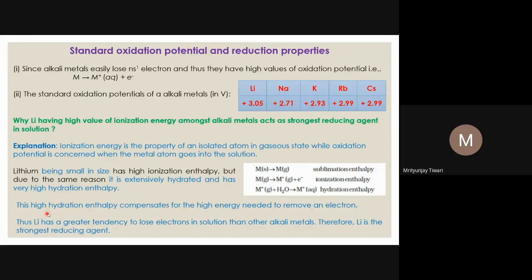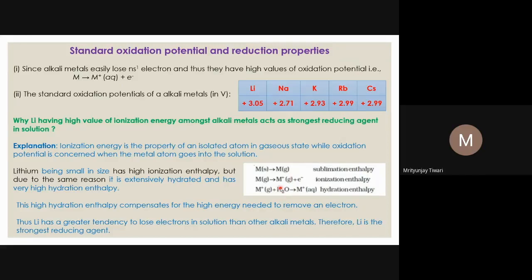So this high hydration enthalpy compensates for the high energy needed to remove one electron in lithium, and thus lithium has a greater tendency to lose electrons in solution and not in the gaseous form. When we talk about ionization enthalpy, we are talking about removing an electron from the gaseous atom. And when we are talking about reducing property, we are talking about removing an electron in the aqueous solution.